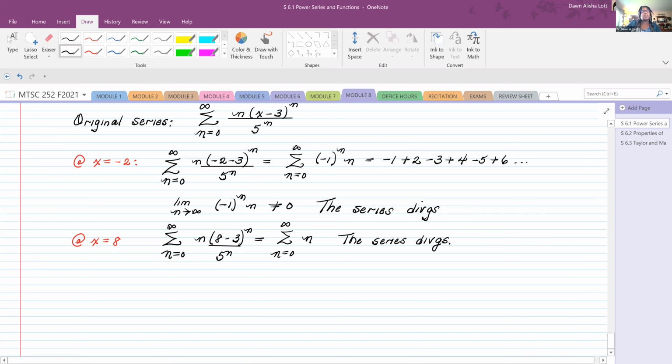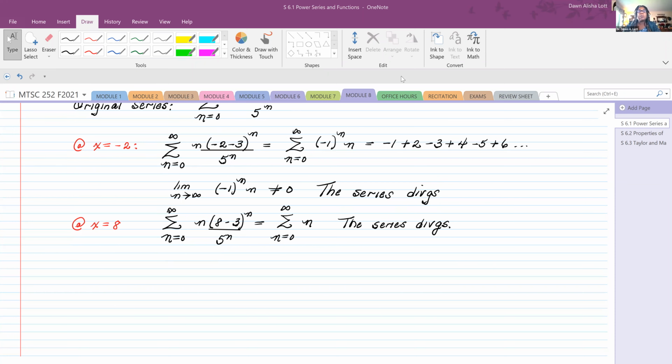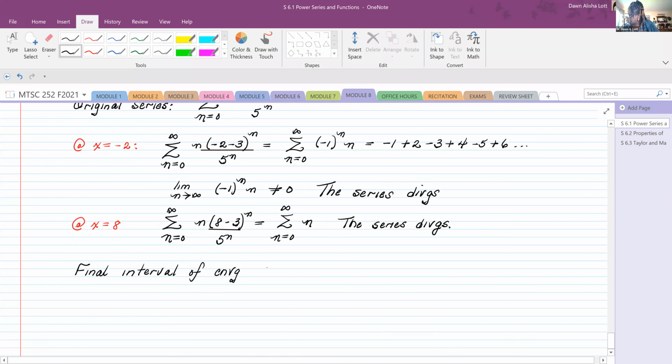So now I know that it does not converge at -2 and 8. So therefore my final interval of convergence is -2 up to 8, not including the endpoints. Okay, so it only converges inside that interval, but does not converge on the outside of that interval.